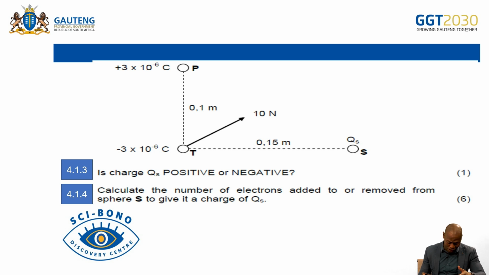And then here there's a question: is charge Q positive or negative, right? So here you have P, T, and S, and then this is the net electric field.